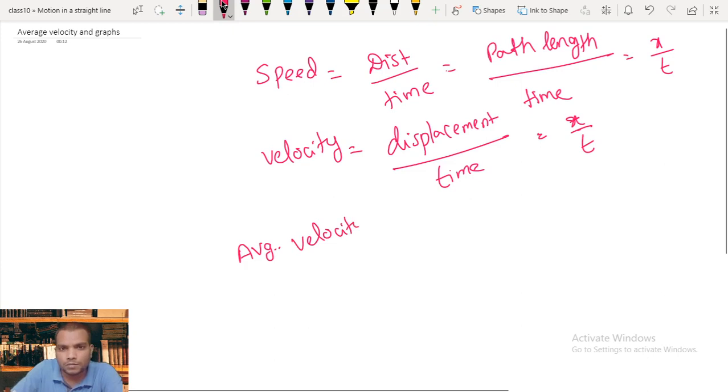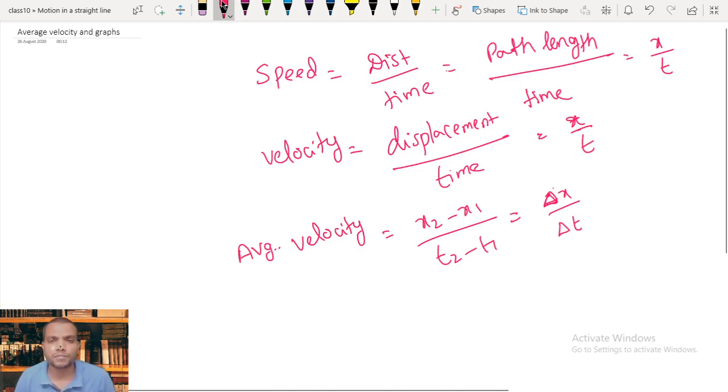Average velocity is equal to final minus initial displacement; we need to have two displacements. So the average velocity between 2 points we can calculate as x2 minus x1 upon t2 minus t1, which we can also write as delta x upon delta t. Here delta means nothing but change in the position.